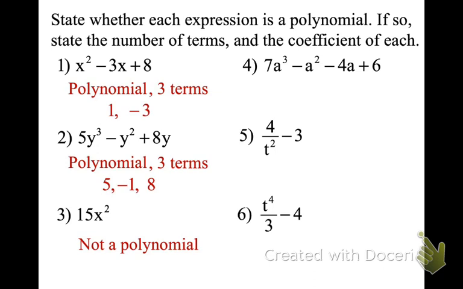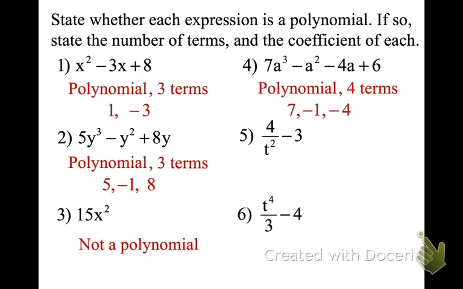It's a polynomial. How many terms? 4 terms. And what are the coefficients? 7, -1, and -4. Okay, next one. Who thinks they have this? Louis. Is it not a polynomial?